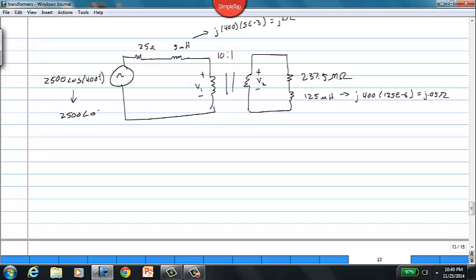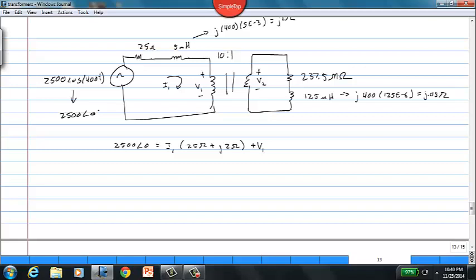So if we're going to write the equation for the primary side, it's 2500 at an angle of 0 degrees is equal to current flow, which we'll just call I1, times 25 ohms plus j2. And then we need to add to that V1 because it's a voltage rise.